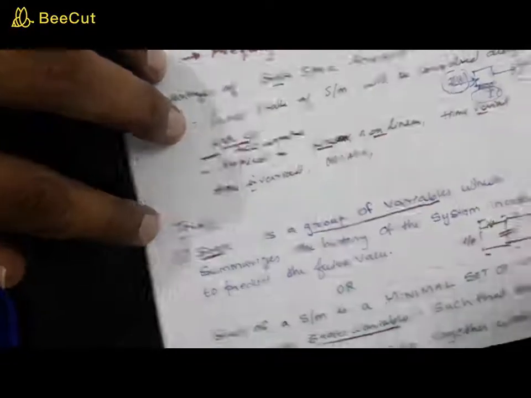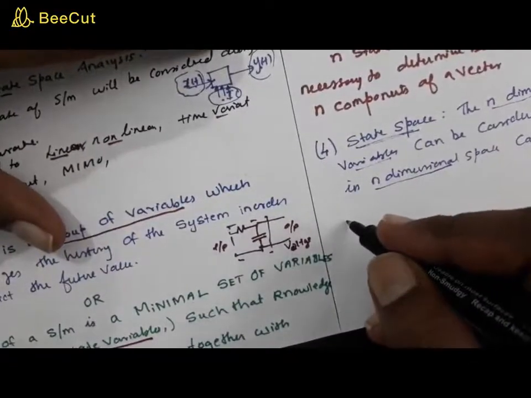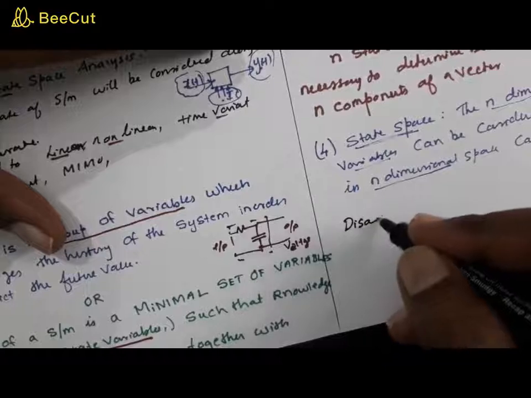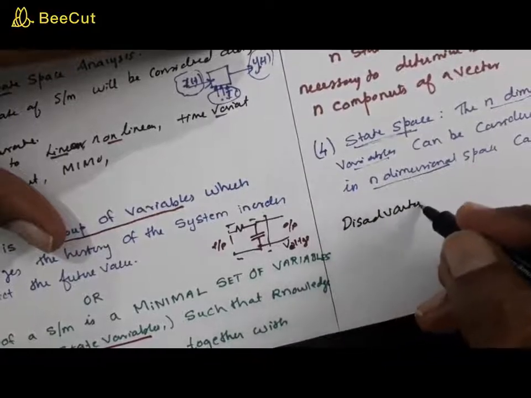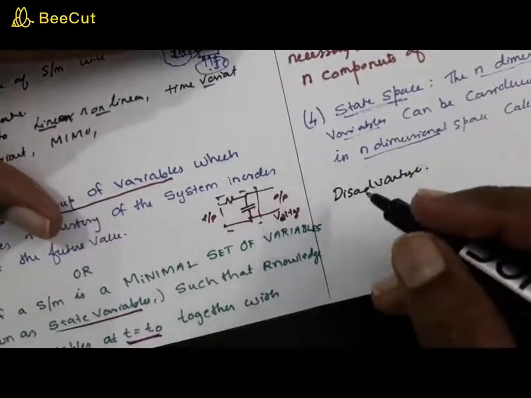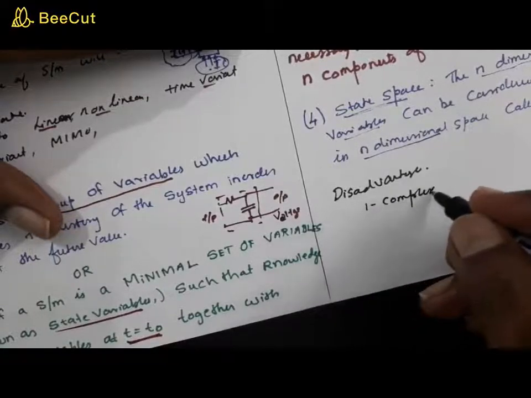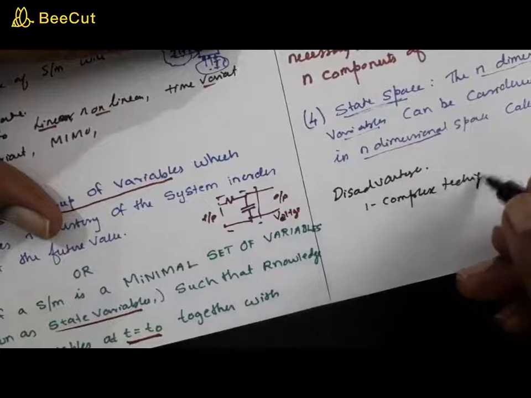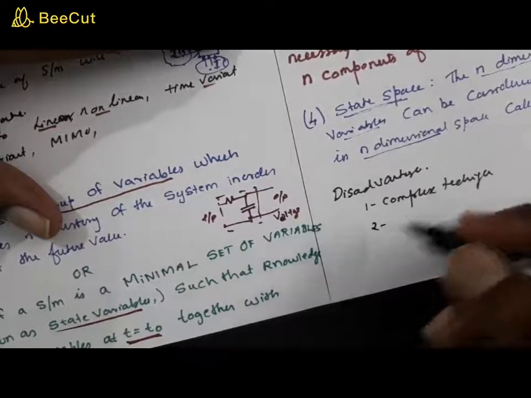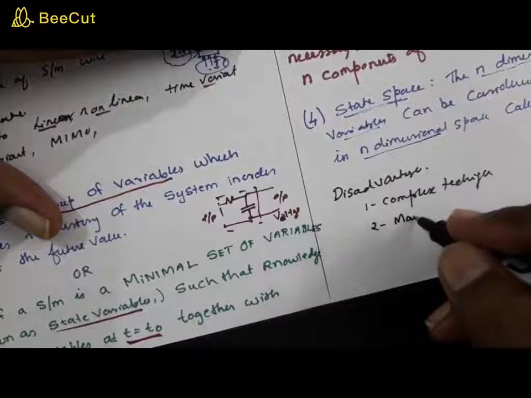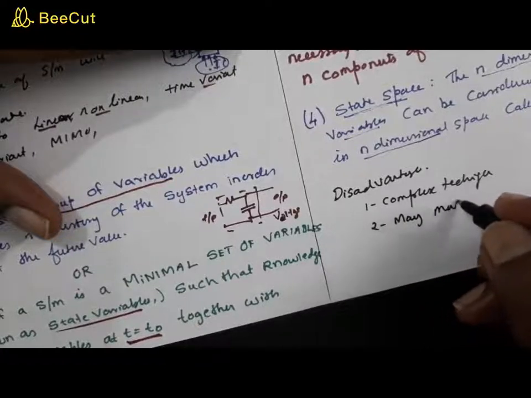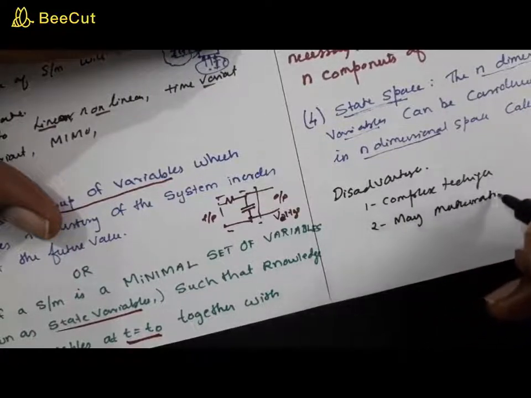Now, even though this has more advantages, there can be some disadvantages. The following are the disadvantages. One, it's a complex technique. Another point is that many mathematical computations are required.